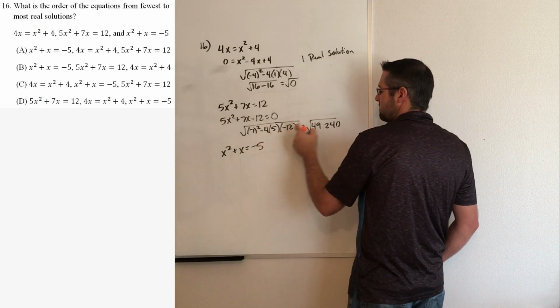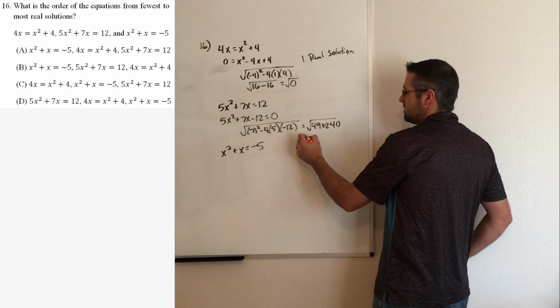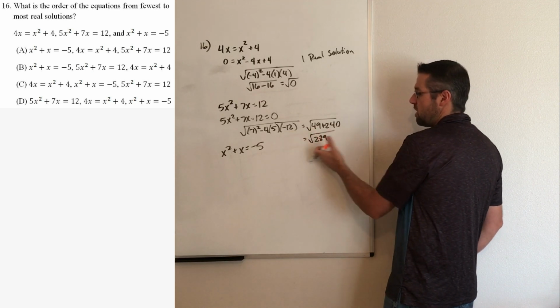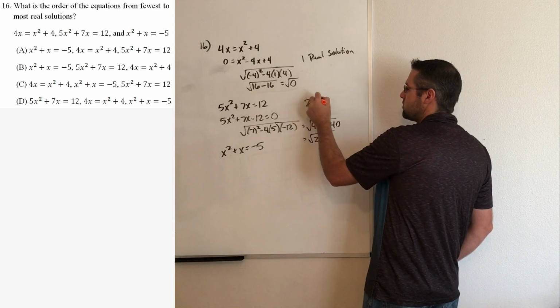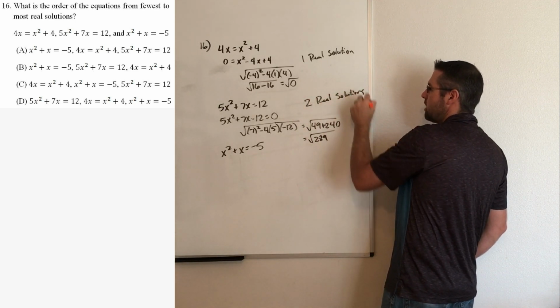But a negative times a positive times a negative is a positive. It didn't matter what those values were, because the end result of this discriminant is the square root of 289, but really all that matters is positive. So as a result of that, we have two real solutions for the second option.